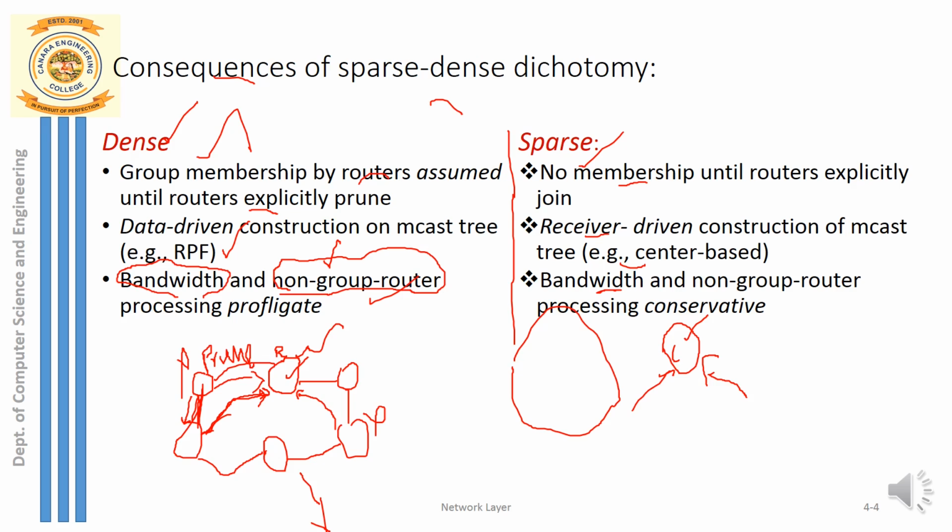Because the non-group router processing is not there, and these nodes are not closely located. These nodes are located far away from each other, so bandwidth is not much required, like how we had in dense mode, right? I hope you got the differences between dense and sparse mode of multicasting.